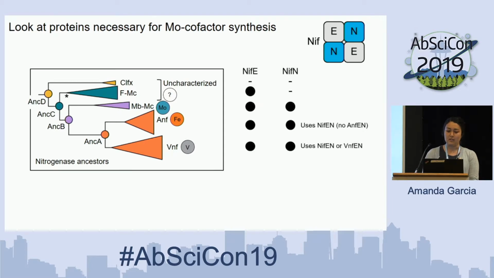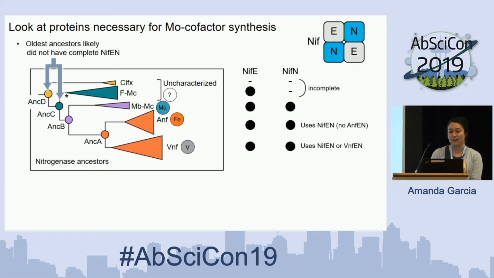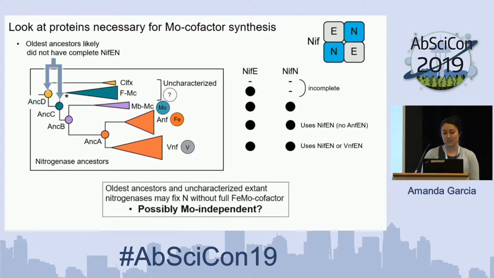And what we found is that these two kind of strange clades, the yellow and green uncharacterized nitrogenases, seem to have either a non-existent or incomplete set of NIF-E and NIF-N. And so by that information, you might infer that they are unable to use molybdenum.